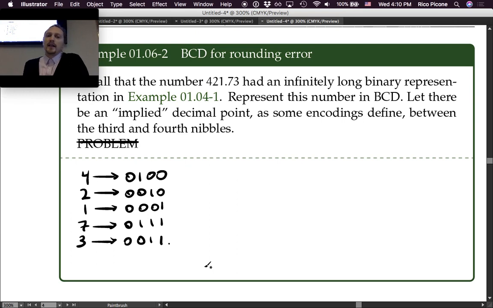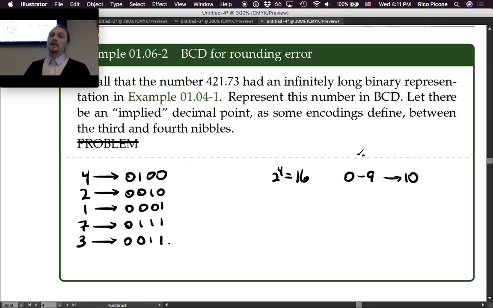It took 5 nibbles, and we could actually encode more information in those nibbles than we are encoding. The reason is that 2 to the 4 is equal to what? 16. Yep, 16, but we're only representing 0 through 9, which has a length of 10. So we're leaving 6 on the table here.